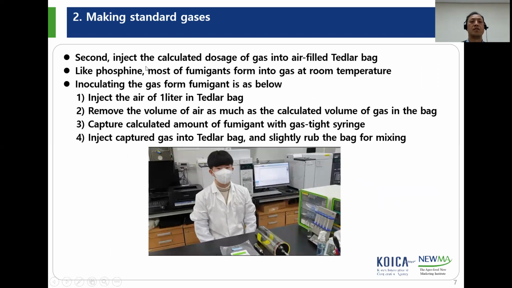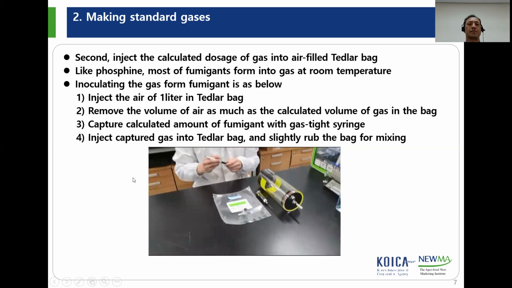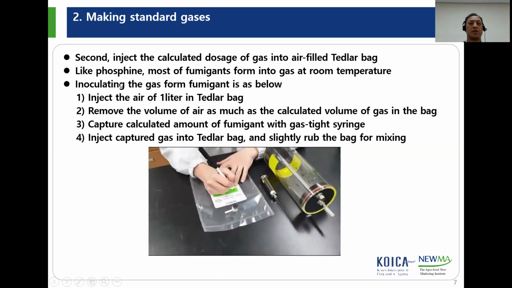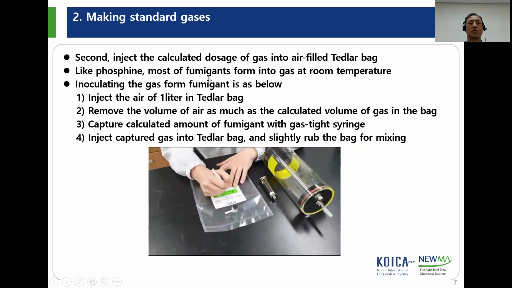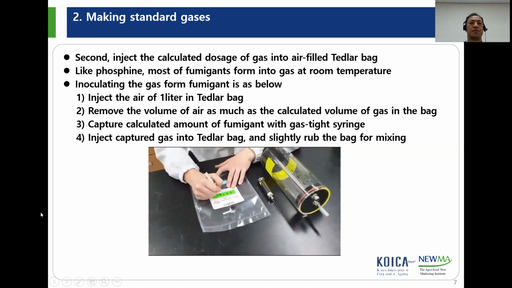Second, inject the calculated dosage of gas into an air-filled tedlar bag. Like phosphine or methyl bromide, most fumigants form into gas at room temperature.